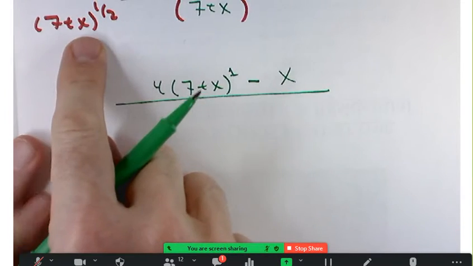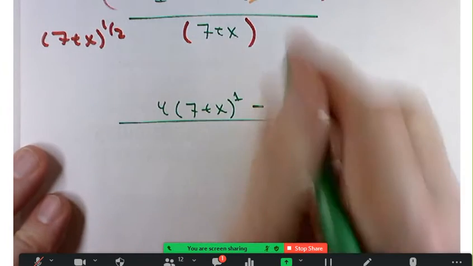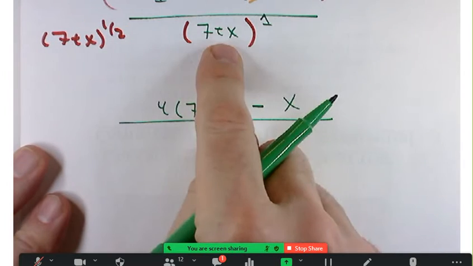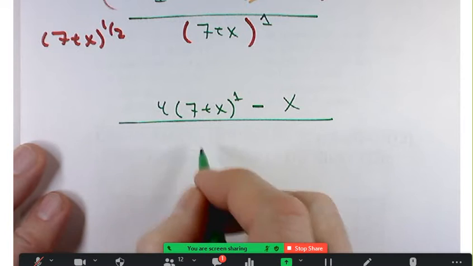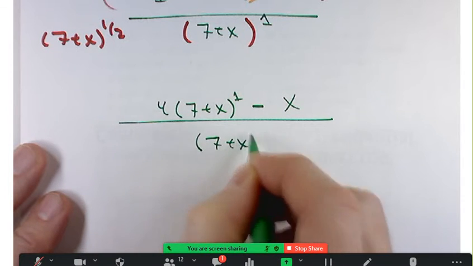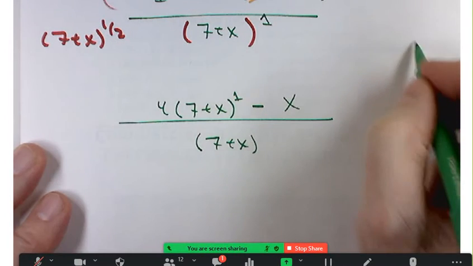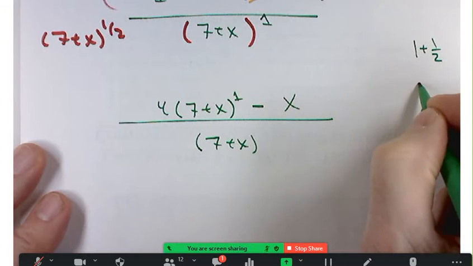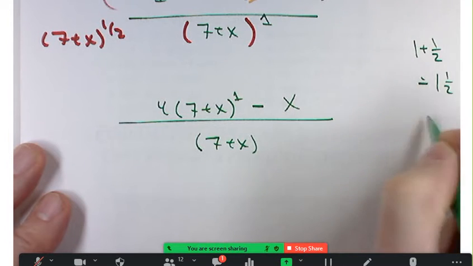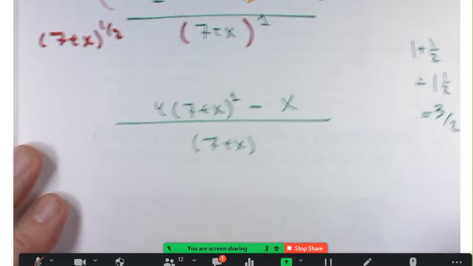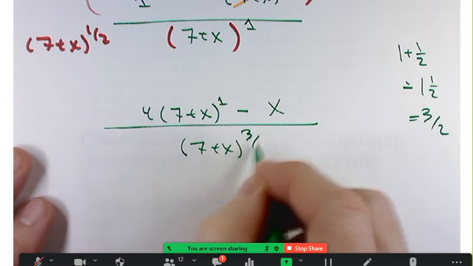In the denominator, again, play that game of adding exponents. 7 plus x, 1 plus 1/2 is 3/2. So there's the 3/2.